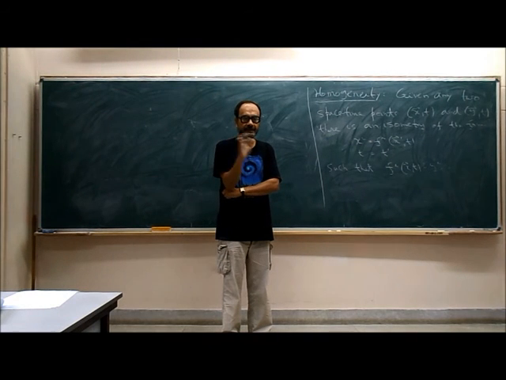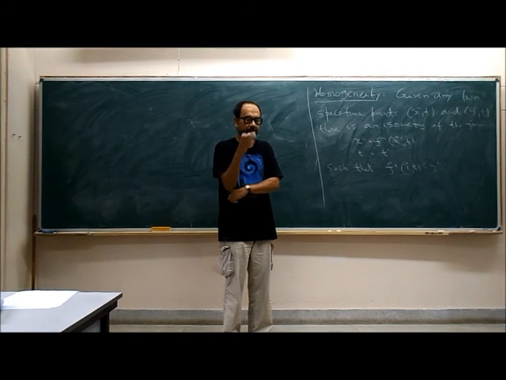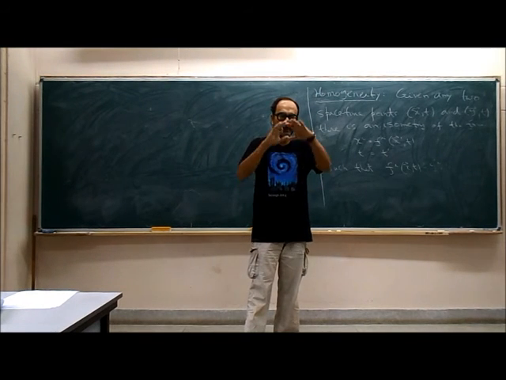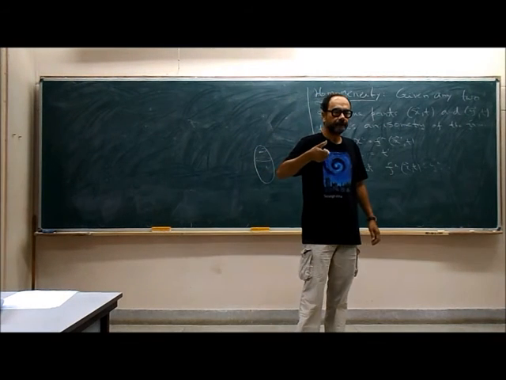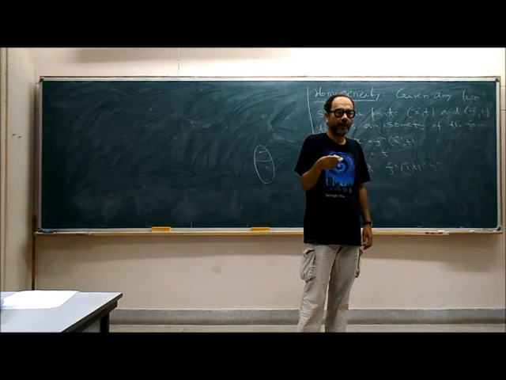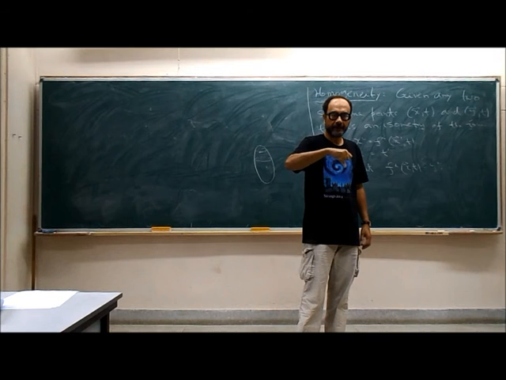Flat space is obviously homogeneous: just translation will take you from one point to another point. The sphere is a more non-trivial example of a homogeneous space, the surface of a sphere, because you have the freedom of rotation about any axis. Using that, you can clearly show that given any two points, there is always a rotation that takes you from one point on the sphere to another point.